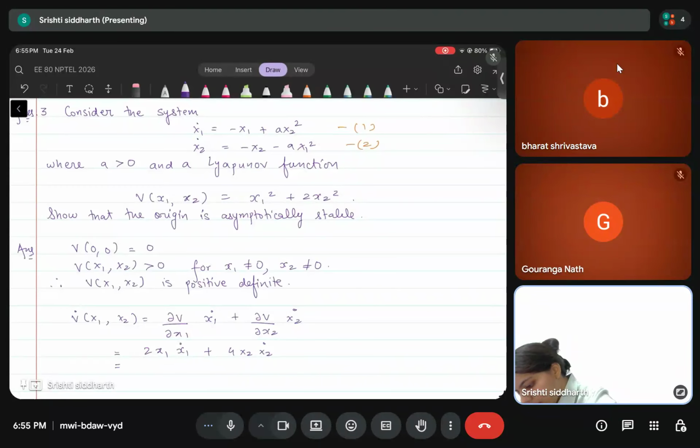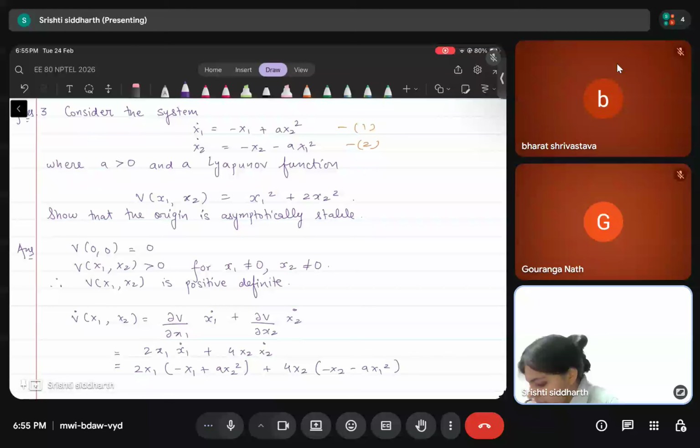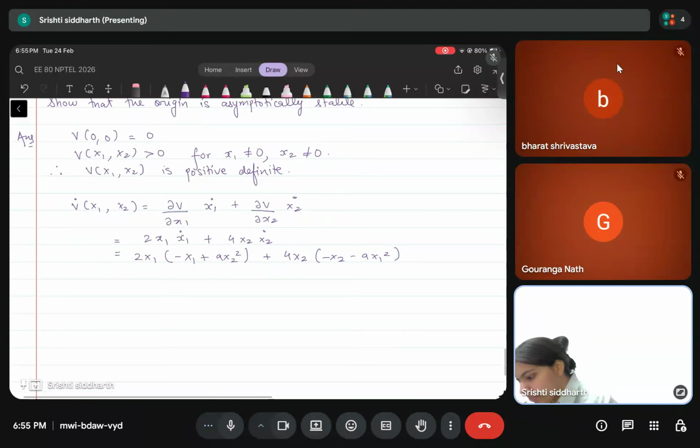Okay, so this is plus 4 x2 times minus x2 minus a x1 squared. So this means we have minus 2x1 squared plus 2x1 x2 squared.